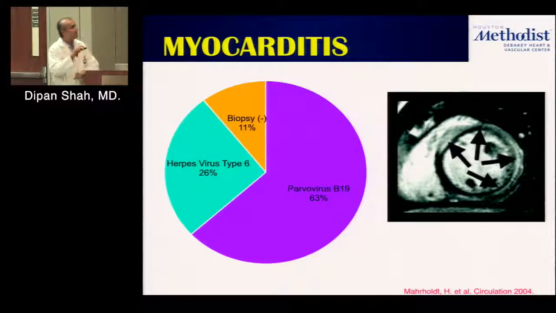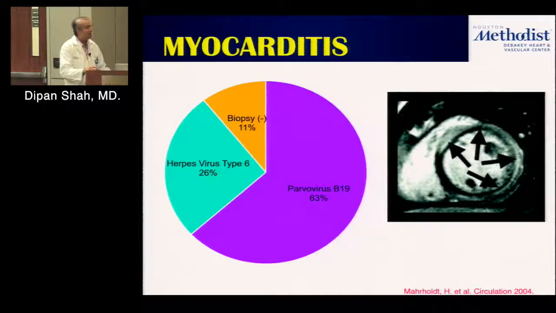And what they found was that 90% of the time when they biopsied at the site where there's LGE, they were able to demonstrate the presence of active virus. In about 2/3 of the time it was parvovirus, and about 1/4 of the time it was herpes type 6 virus.